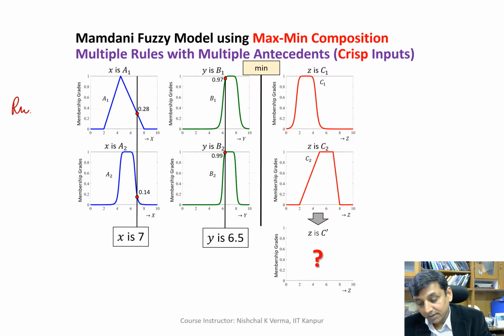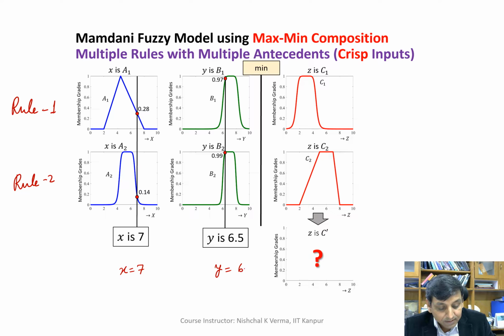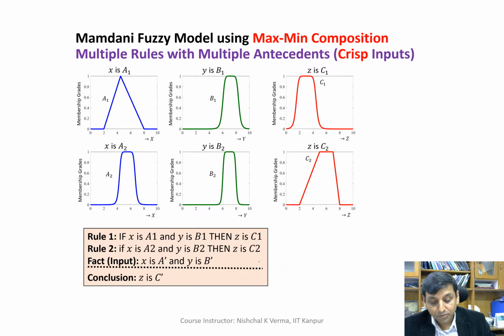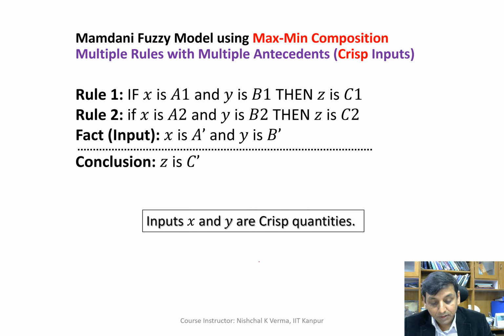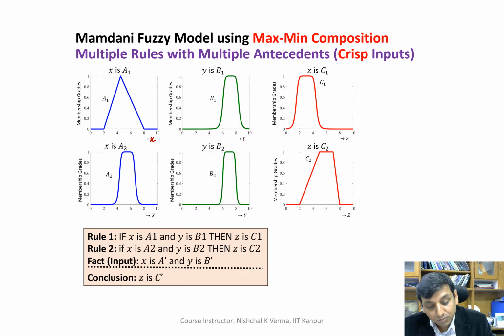So here we have rule number 1, here we have rule number 2, and we see that we take x is equal to 7, the value of y is 6.5, and here please note that all these x that we have written here is small x, small y, small z.